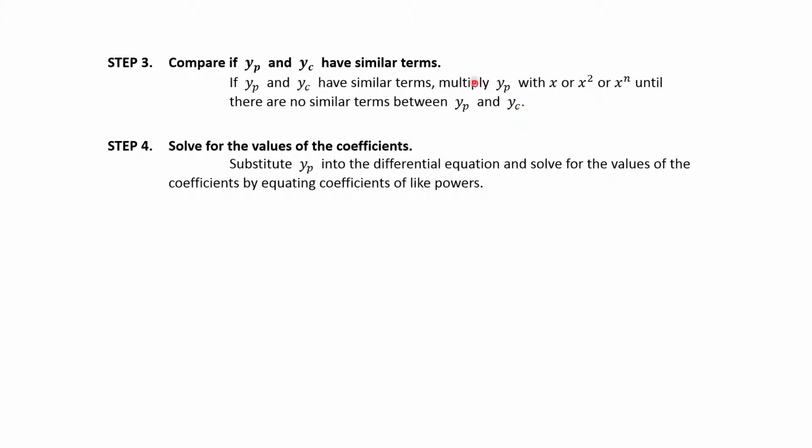And step 4 is you will have to solve for the values of the coefficients. Now you will have to substitute y_p into the differential equation and solve for the values of the coefficients by equating coefficients of like powers. And step 5 is get the general solution. The general solution is just the sum of y_c and y sub p.